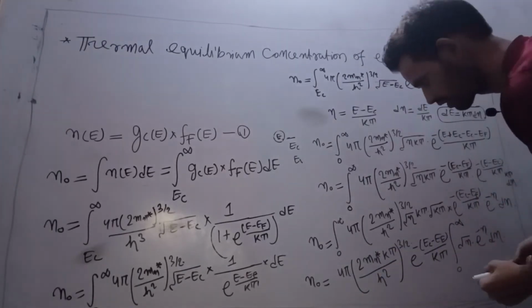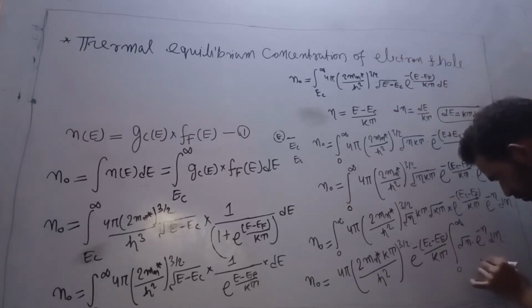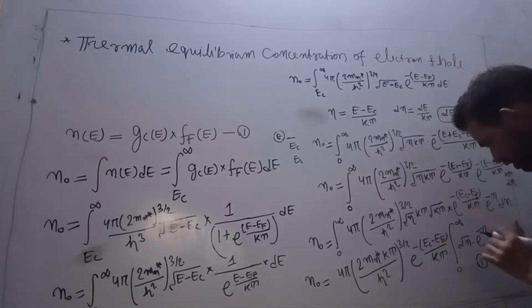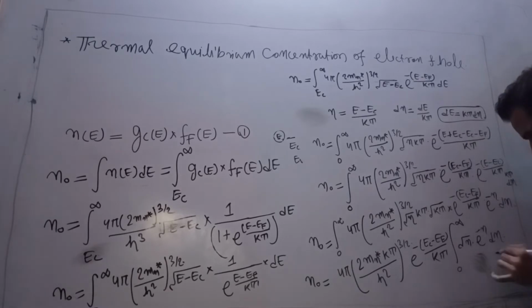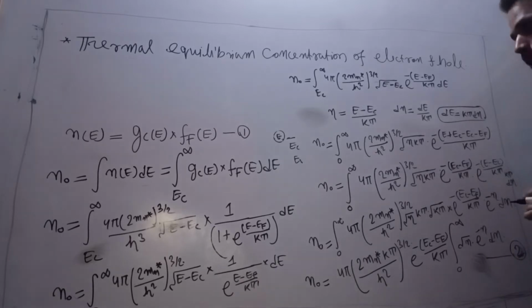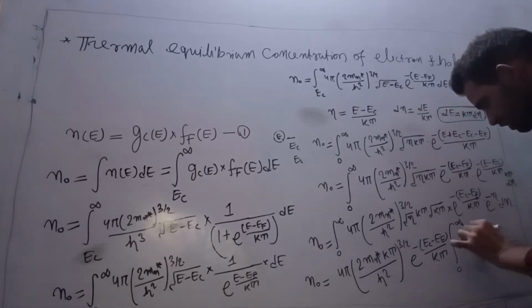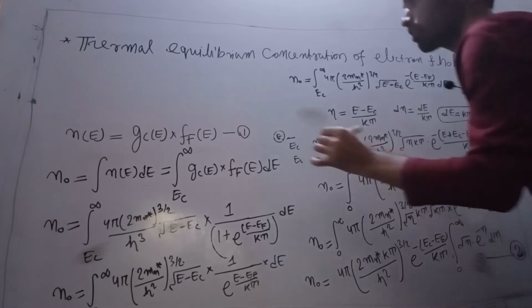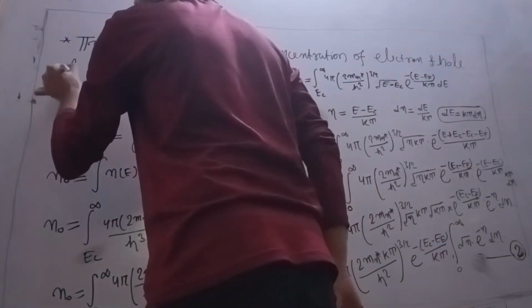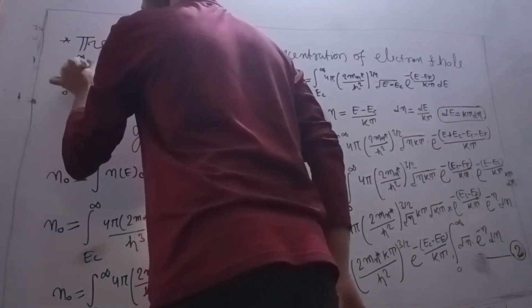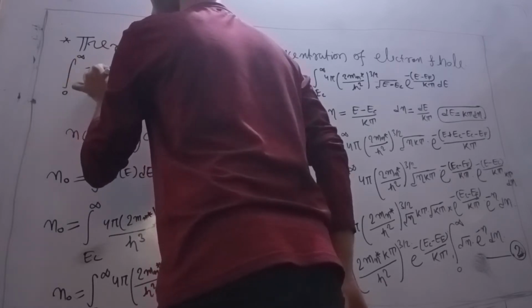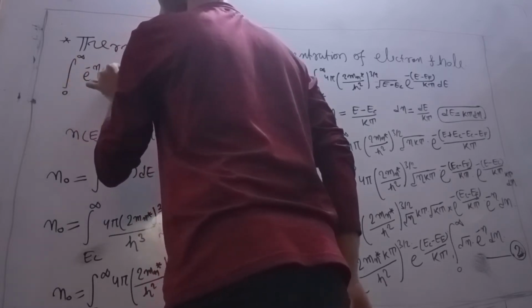Okay, so just we are solving this factor. So this is my equation number 2. Equation number 2, I am seeing this factor only. Solve this integration 0 to infinity e to the power minus eta into square root of eta d eta.